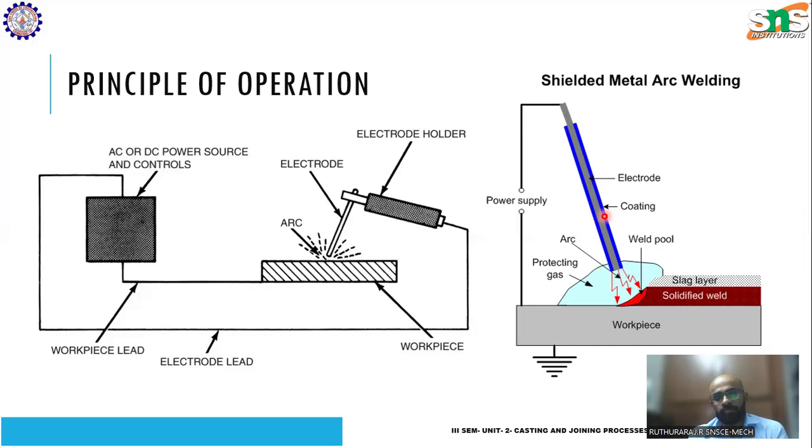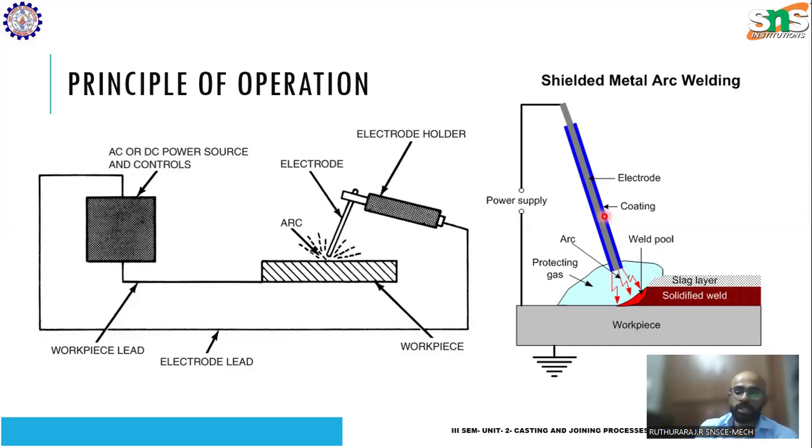So then, in gas welding, I discussed the purpose of the filler rod. The same role is played by this electrode. This electrode is called a consumable electrode. The general meaning of consuming is that you are using something.